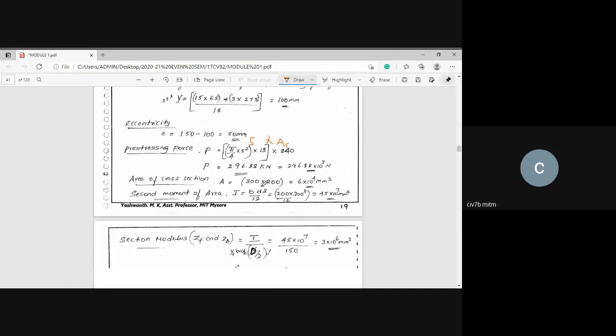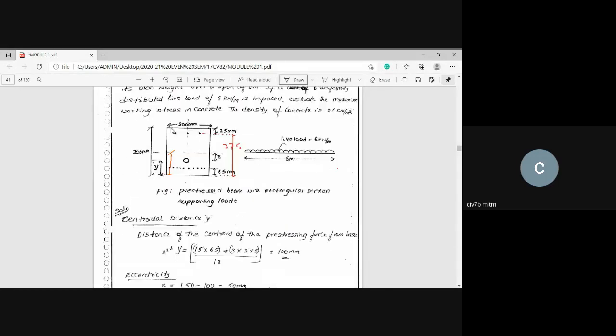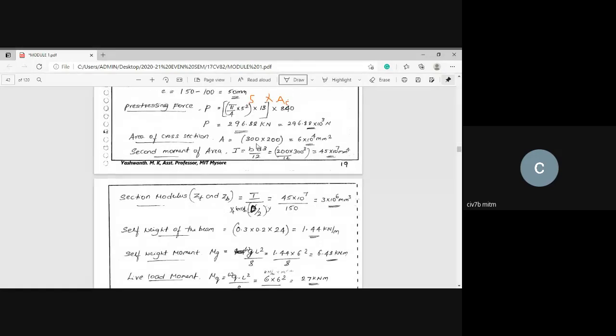Fine. So next, let me calculate the cross-sectional area, or area of cross-section. Since we know that the cross-sectional area is B into D, that is 300 multiplied by 200, that is 6 into 10 to the power of 4 millimeter square.